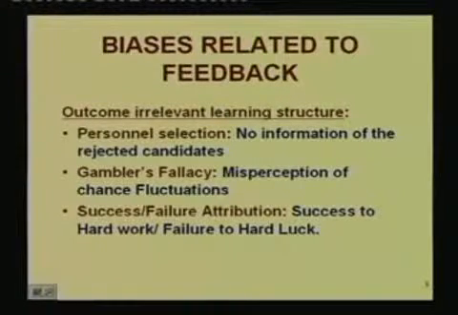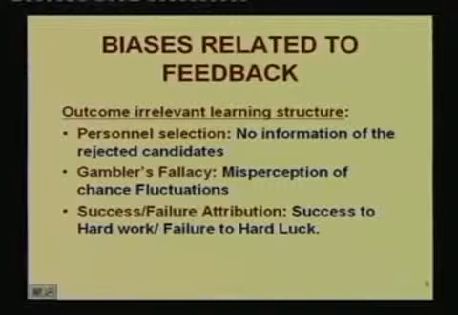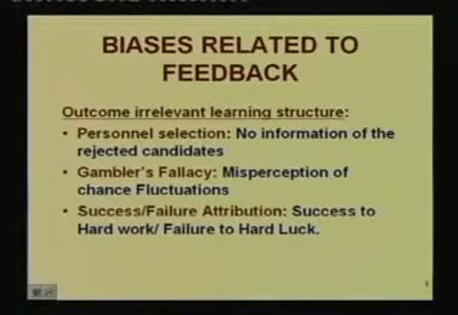So that means we do not learn from our failures. Most often we think it is because of our luck we have failed, and our success is because we have done good work. But in the success also, maybe there was an equal chance of failure, and in the failure also there is a good chance of winning. So unless we are able to understand these specific points, maybe we have not understood the mechanism of success.